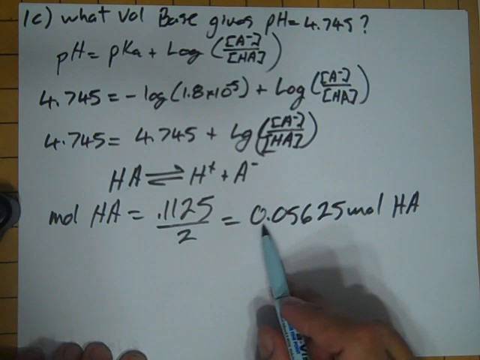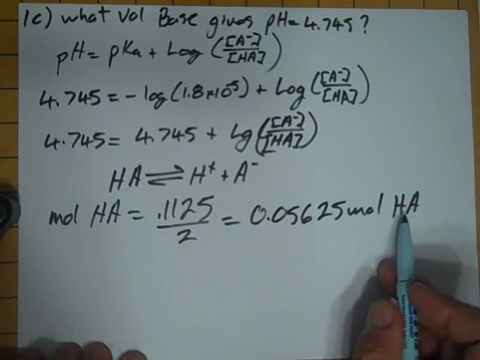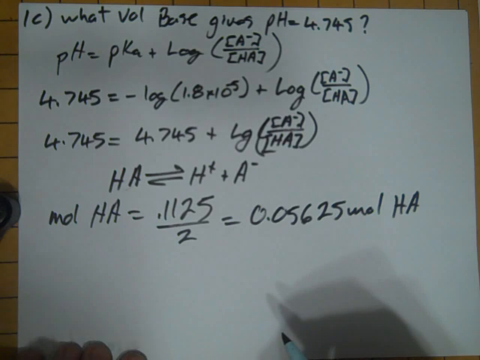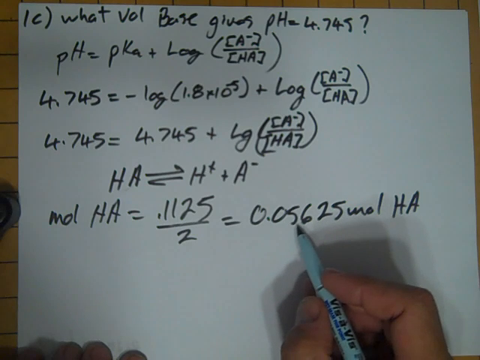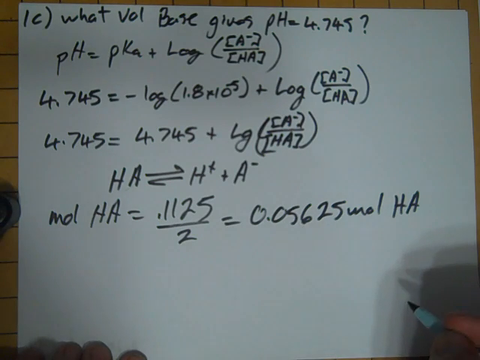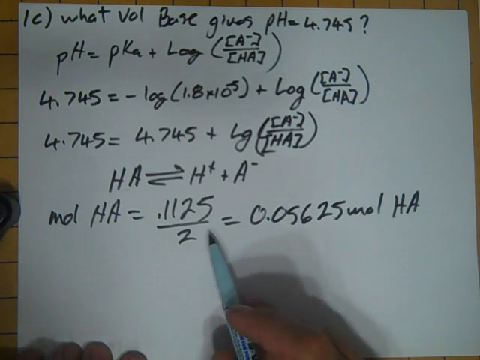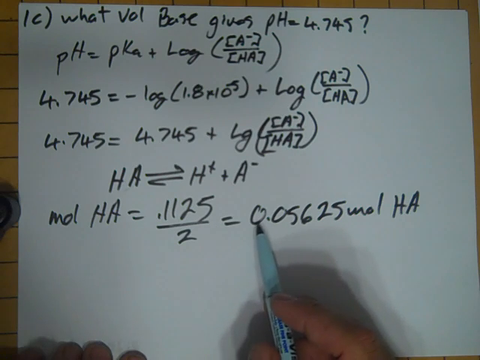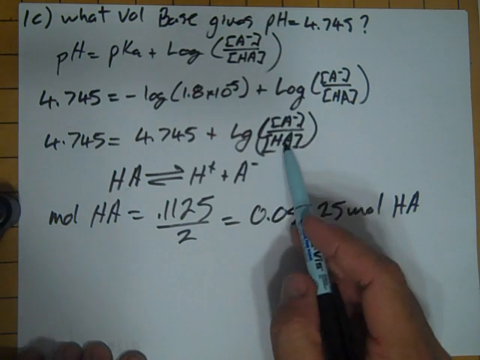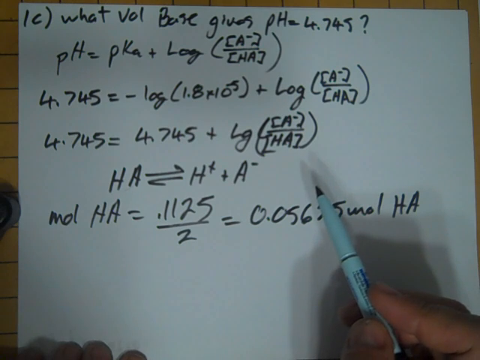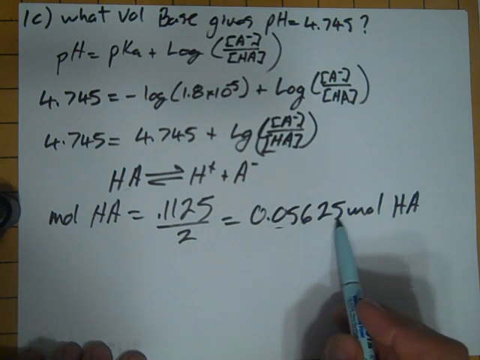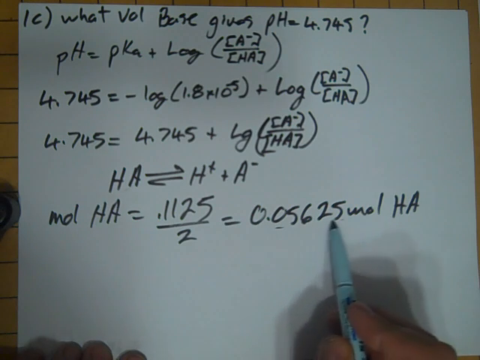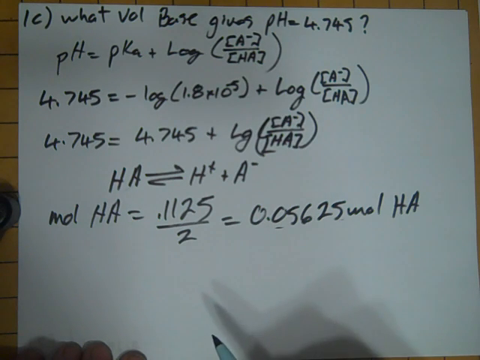That's when I also have 0.05625 moles of A minus, and I get there by adding 0.05625 moles of OH. So I'm saying that when I get to the point where these two numbers are the same, I have added OH enough to get this many moles from my original gone.